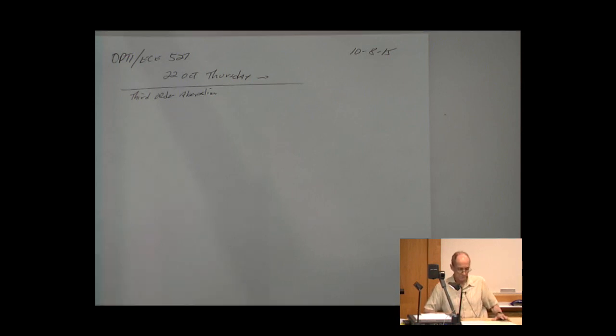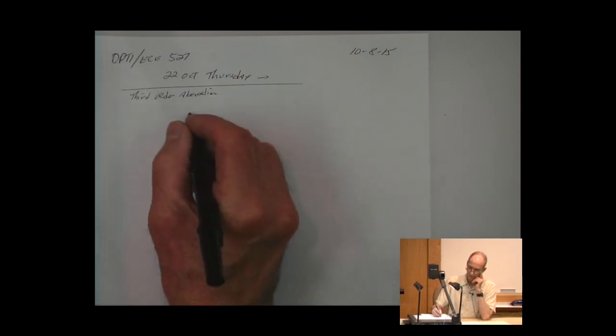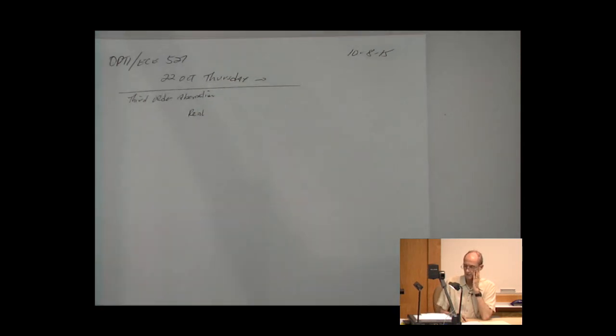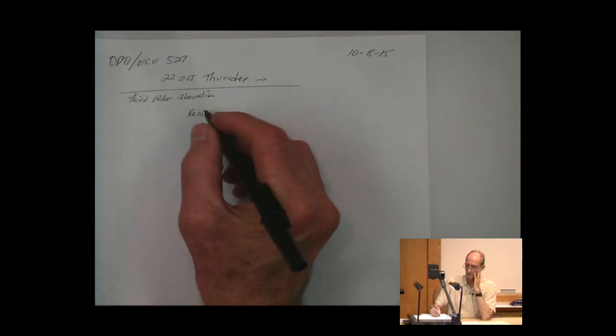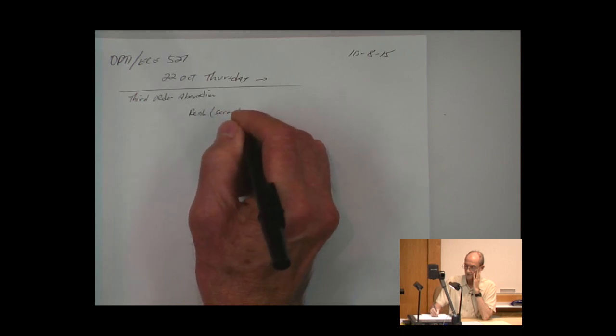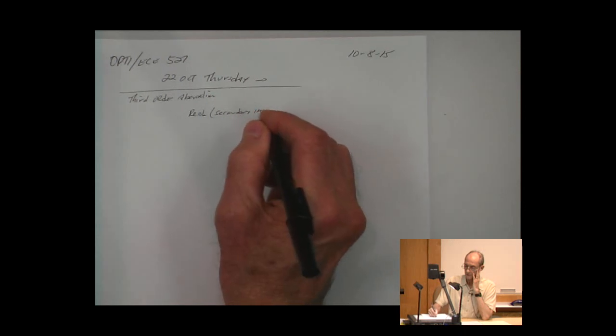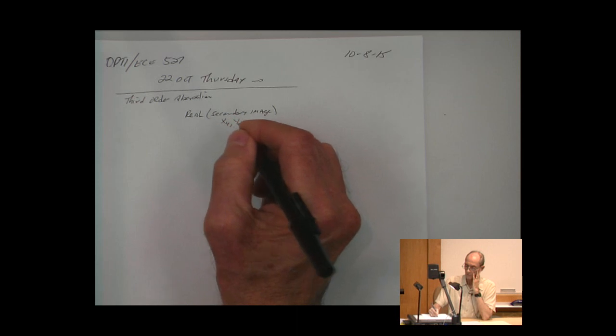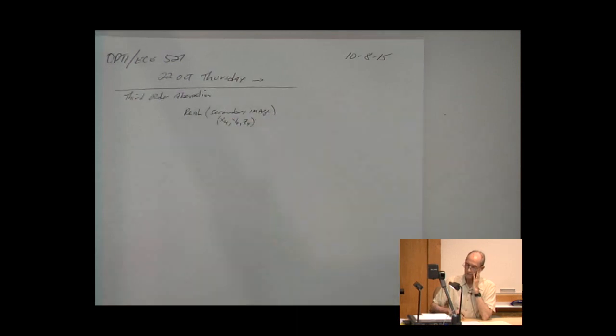All right, so we talked about the real image, and by and large, for the aberration analysis, we'll be looking at the real analysis, as I'm calling it, but this refers to the secondary image that we discussed, in the sense that we had X4, Y4, and Z4 for the coordinates of the paraxial image.